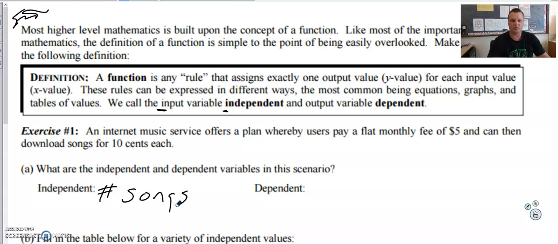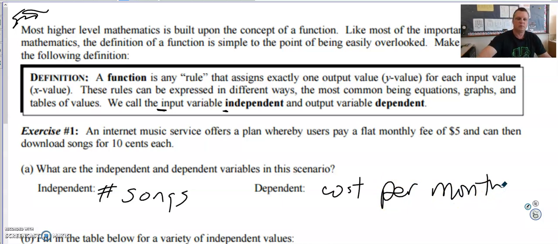And the dependent, your output value, is what you find out once you determine how many songs you have downloaded: the cost per month.